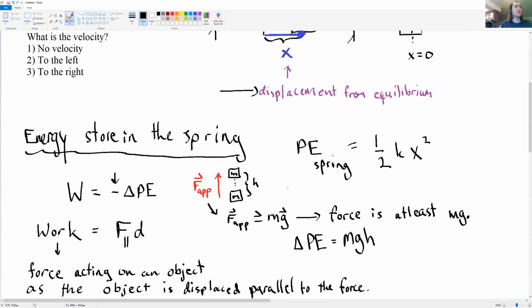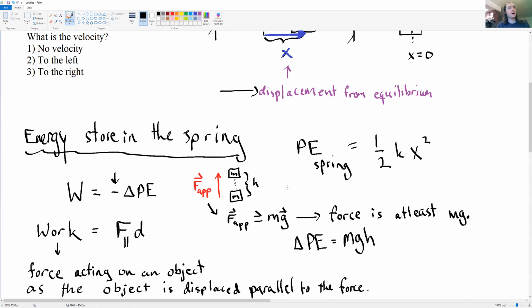So I might exert a force larger than mg to lift this thing up, and if I did that, I would actually accelerate the object up. And that would require more energy from me, and that energy would be lost. It would be energy that heats up my muscles, right? Some chemical energy, I'd burn some calories or whatever.